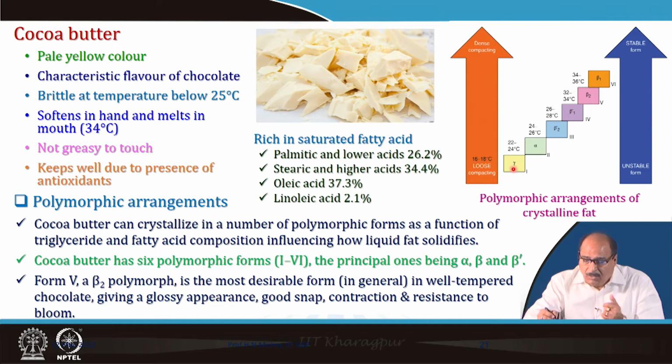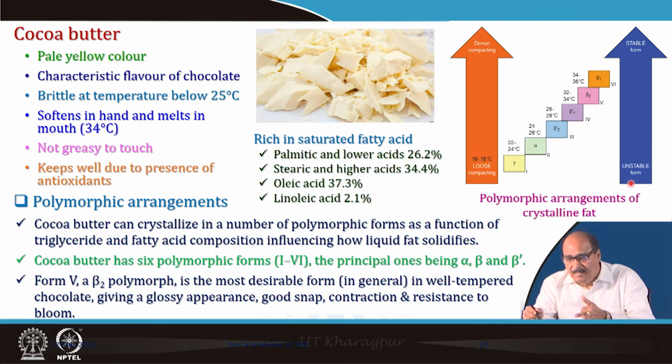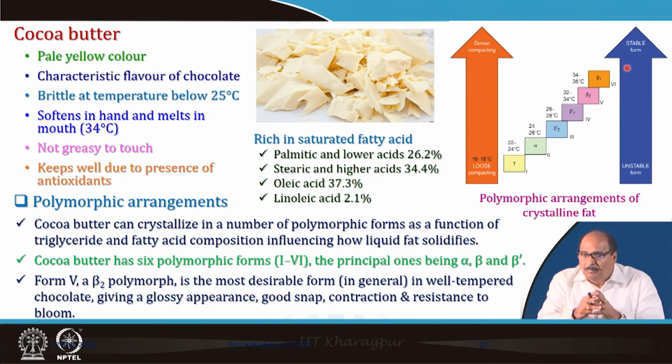from that, alpha gamma polyform is loose, whereas beta 1 is a very compact density, and obviously accordingly gamma is the unstable form and the most stable form is the polyform 6, that is the beta 1 form.